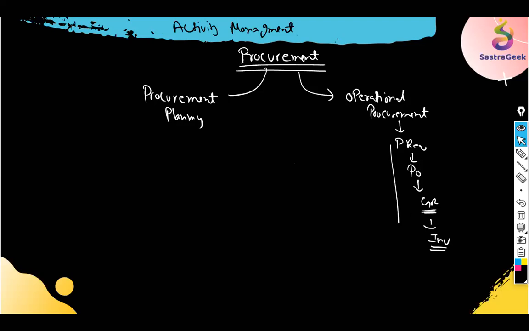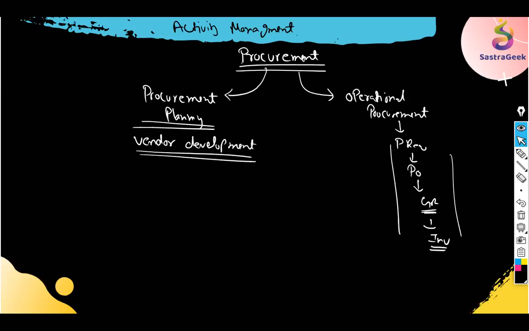That is the operational procurement process, where they follow up with the vendor to get the deliveries done. The second wing is procurement planning, which is your vendor development team.